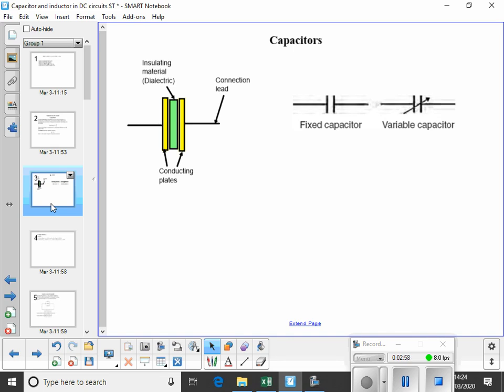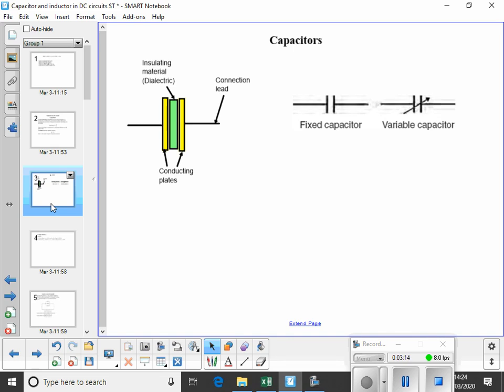So a capacitor, in its simplest form, is two conducting plates, and sandwiched between them is a material, the dielectric.